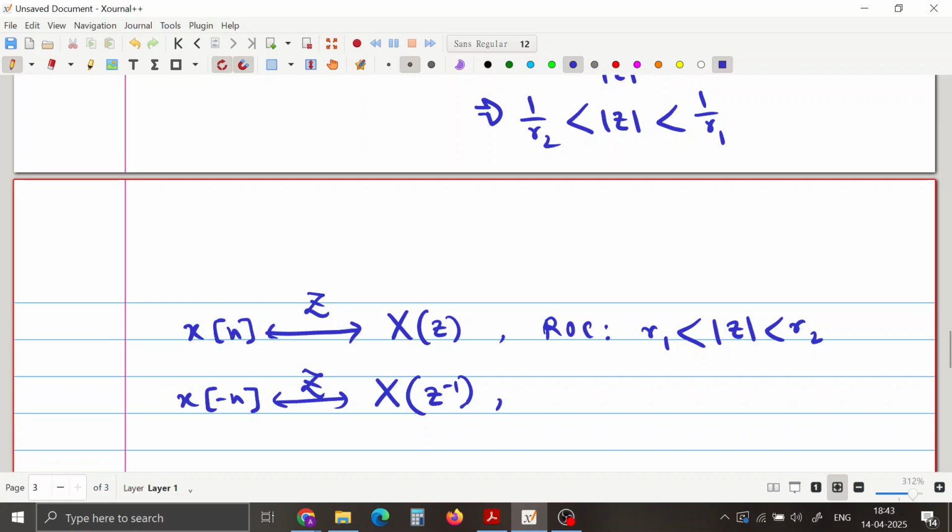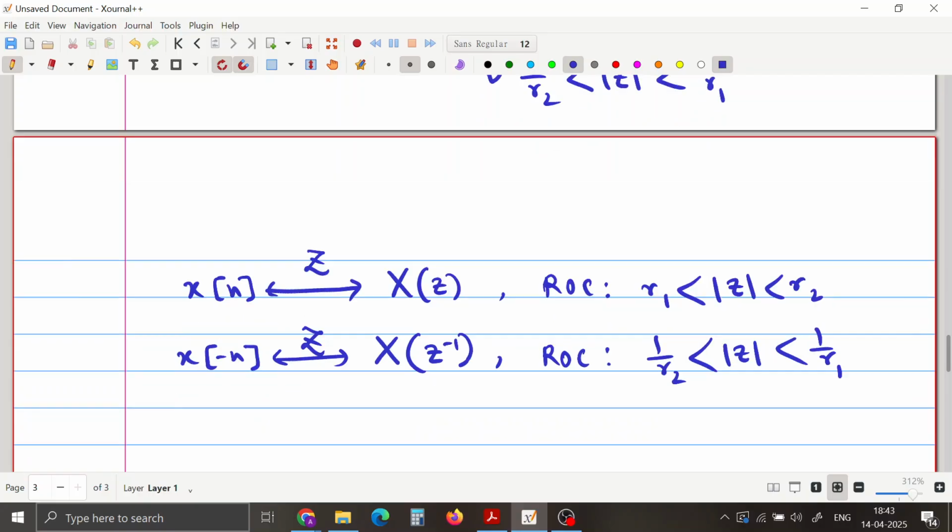Okay, and your ROC will be bounded within the reciprocals of those corner points of the previous ROC. Okay, the boundary points.